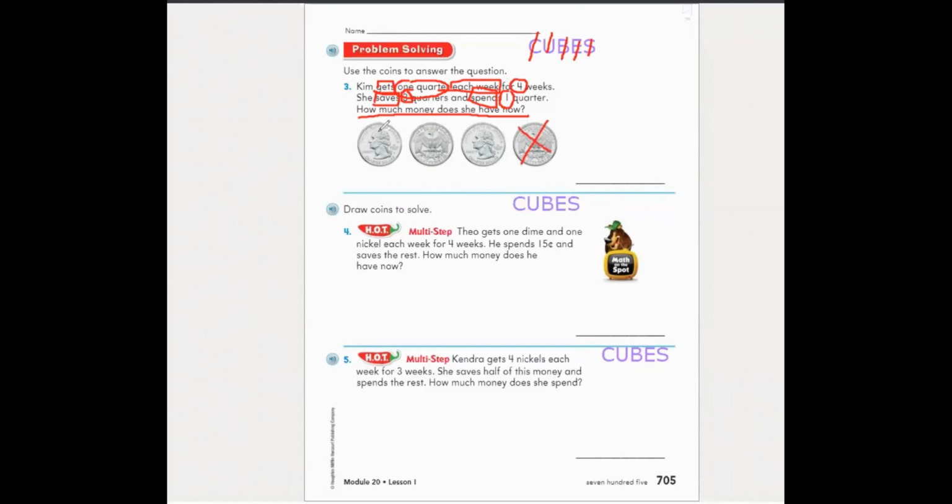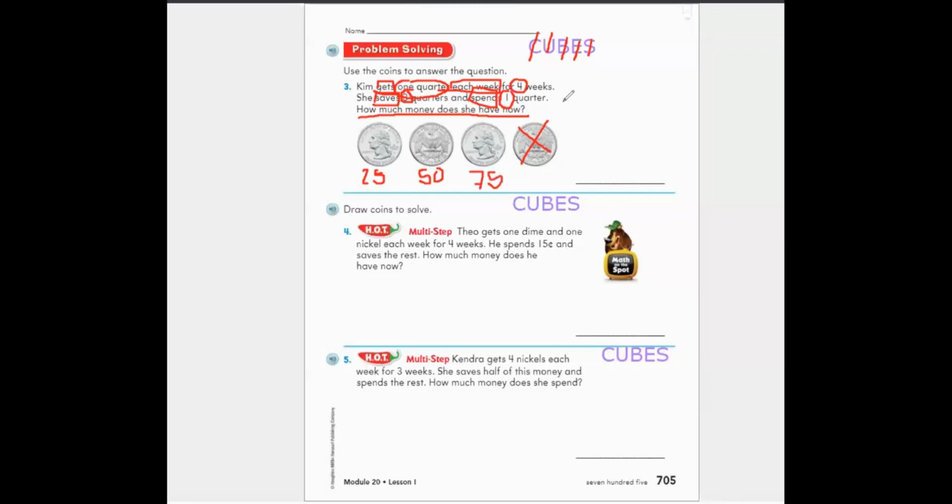So I have week 1 is 25. Week 2 is another 25, so it's 50. Week 3 is another 25, so it's 75. So she has 75 cents.